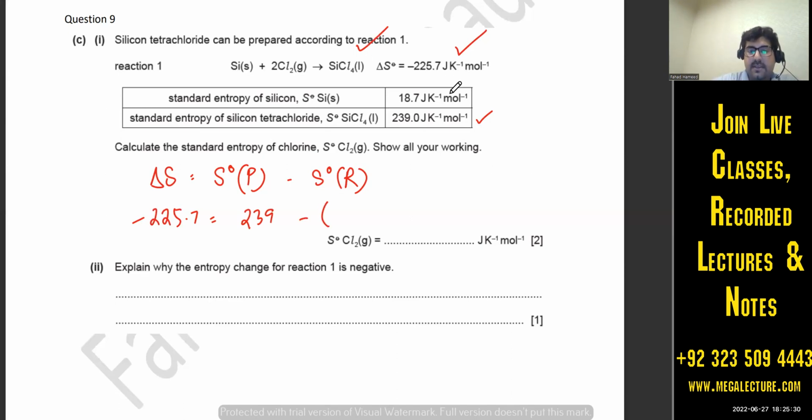So silicon is given, that's 18.7. What is not given is the entropy of Cl2, so one of the reactants is not given. So the question is exactly the same, but it's just asked the other way around. They gave you the answer, but one of the entropy values was missing, and they're asking you to calculate that particular entropy value. That's not given for Cl2.